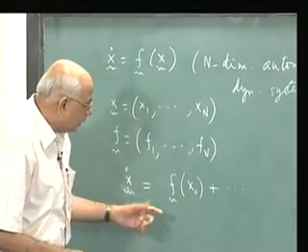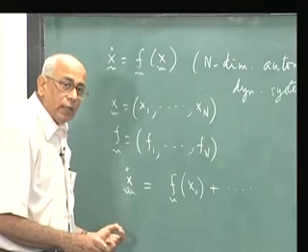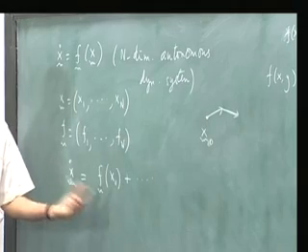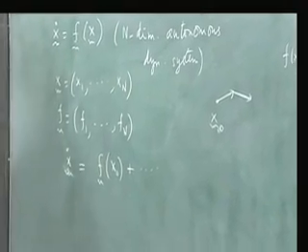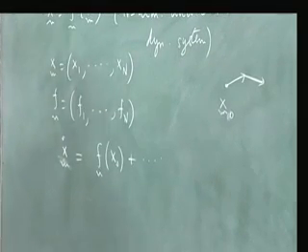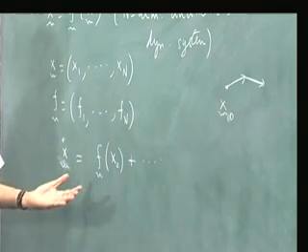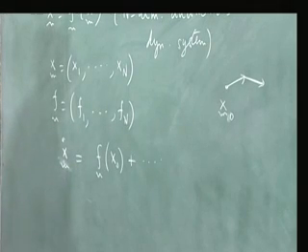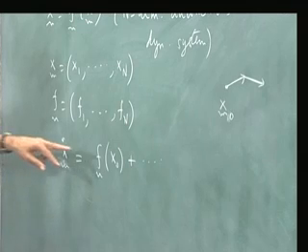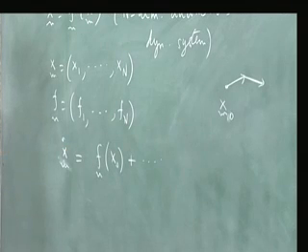And therefore if you are sufficiently close to x naught, it suffices to keep this. If you are arbitrarily close, very close to x naught, then of course this is a constant. This matrix here, there is no dependence on any of the variables because it is at a particular point, the constant matrix, and you are back to the old situation where you have x dot equal to constant on this side, and that is trivial to solve because the solution is simply x equal to this constant times t plus higher order terms and so on.